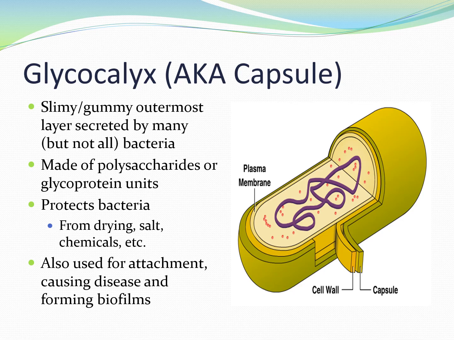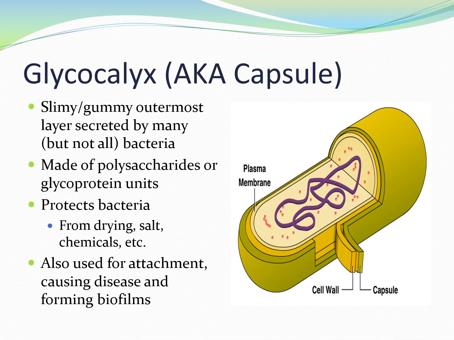The other surface layer that we find on the external part of the bacteria is going to be glycocalyx, which we can also call the capsule. These guys are going to be slimy or gummy outer layers, and not all bacteria have them. Some bacteria do.